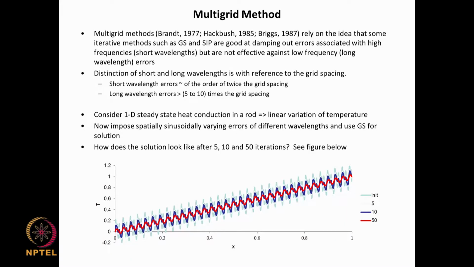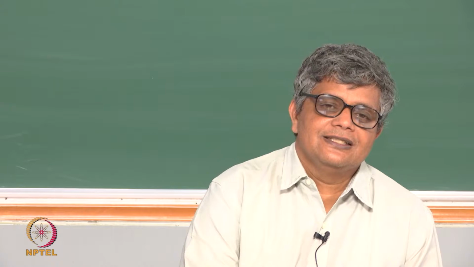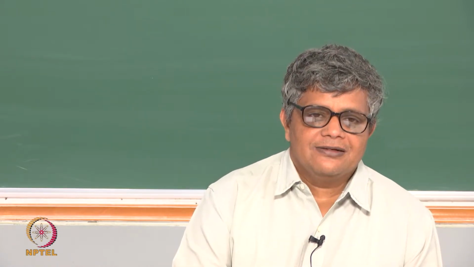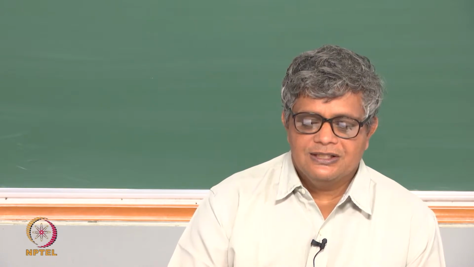So we are trying to reduce the error. Now this error can be decomposed into many components, and some methods like the Gaussian method are good at reducing error which is at the smallest scale, and there are some other methods which are not so effective at that.